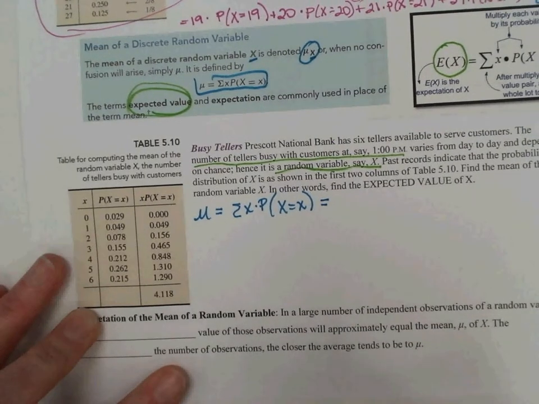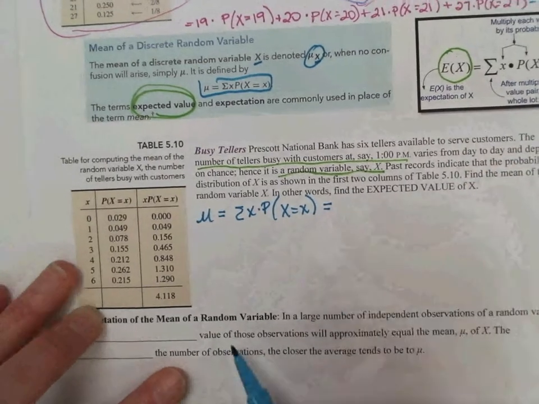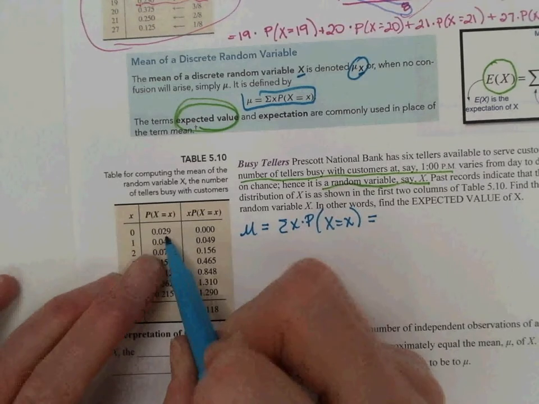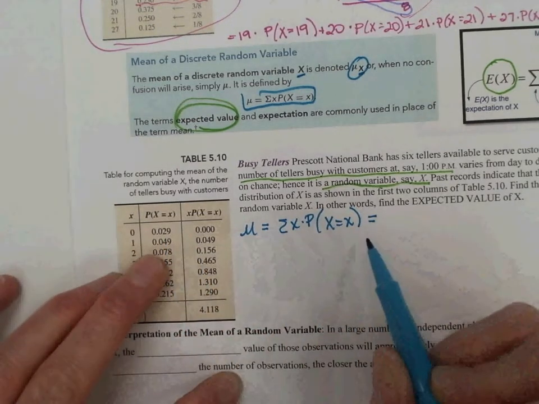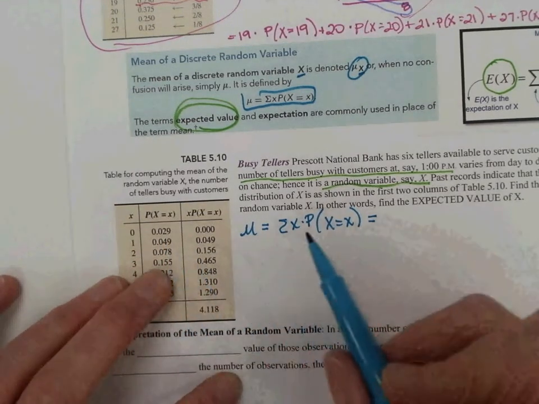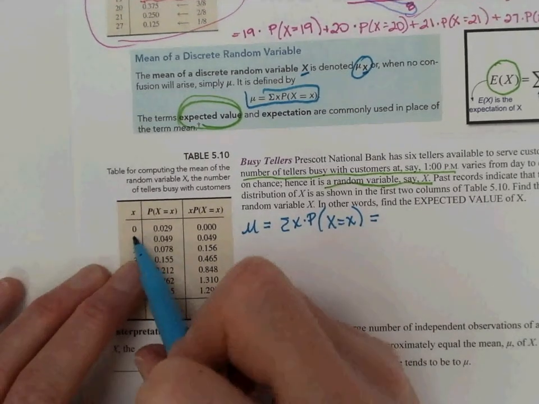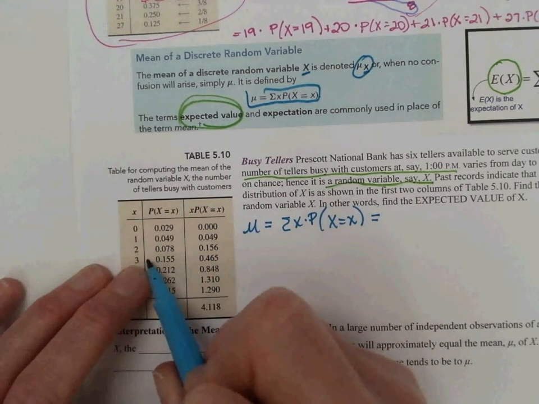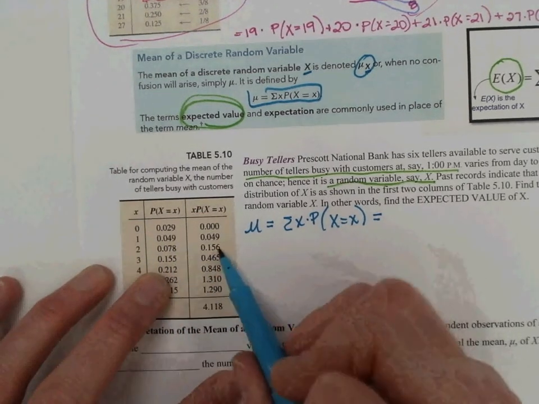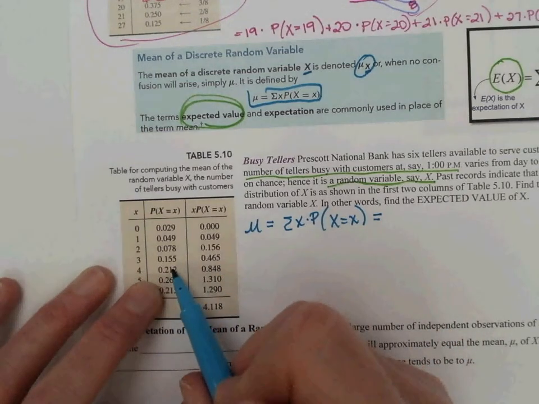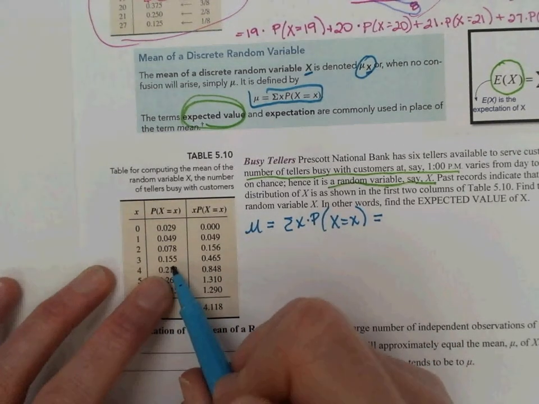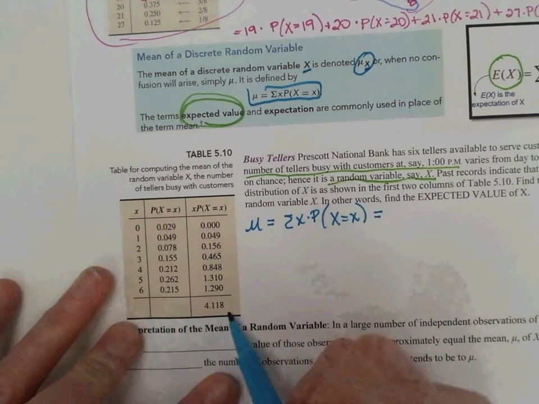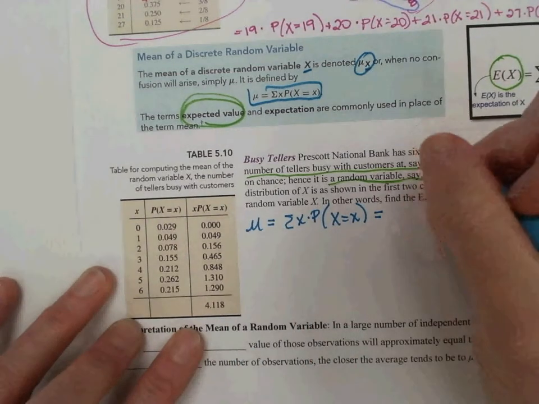What we're doing here is multiplying each one of these: the 0.29 times 0, plus the 1 times the 0.49, the 2 times the 0.078, we get 0.156, the 3 times the 0.155, we get 0.465, and so on. And then the total is given to us right here.